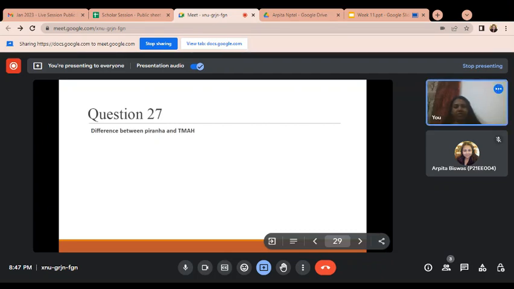So what is the difference between piranha and TMAH? All of you know that piranha is a cleaning process and TMAH is an etching process. Using piranha, you can remove the organic contamination from the wafer, and by using TMAH we can etch the silicon wafer from the back side.